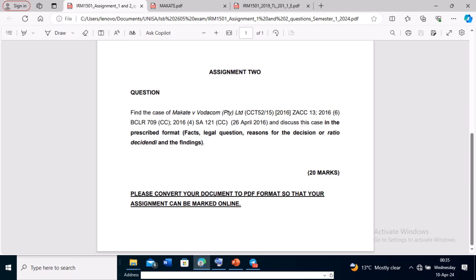When it comes to referencing, guys, IRM as a whole needs you to use footnotes. I have seen so many students failing this module, even though they have provided the lecturers with correct answers, because they did not include footnotes. Footnotes are part of referencing. You reference using footnotes.